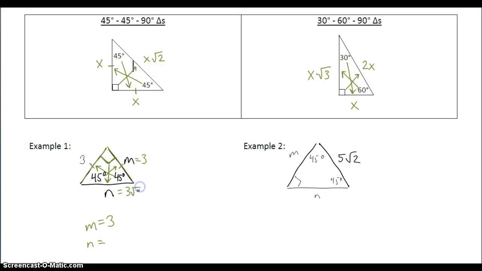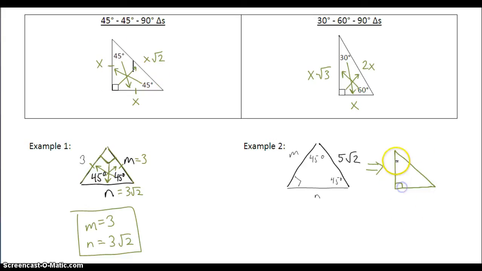My x value in example number 1 is 3, so anytime that I see x, I can replace that with 3. In my second example, my triangle isn't quite drawn to scale. So I'm going to redraw it and orient it so it looks like my equation.